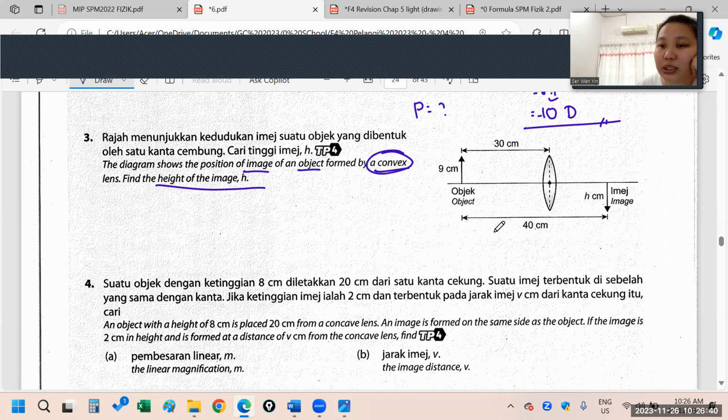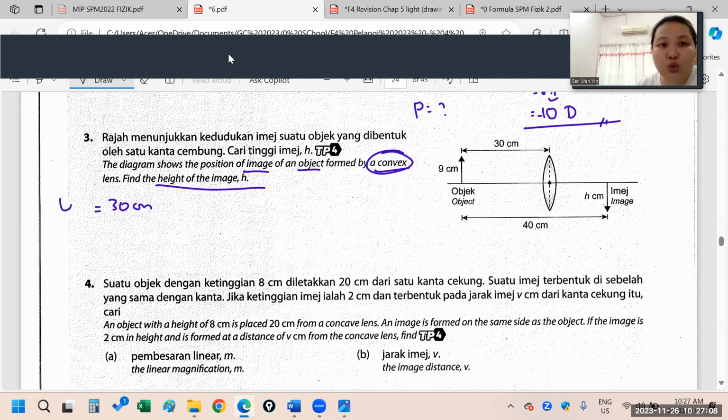So what information can we get here? For example, 30 cm is what? Object to the lens. So 30 cm is what?